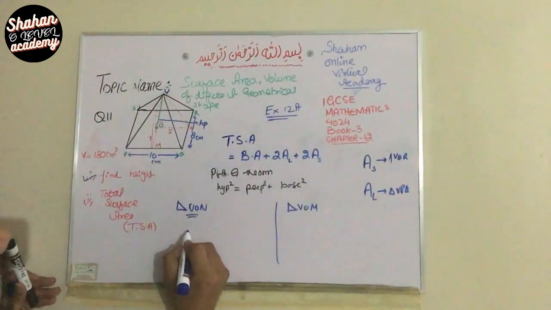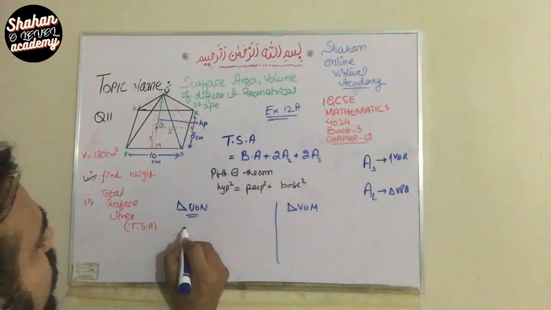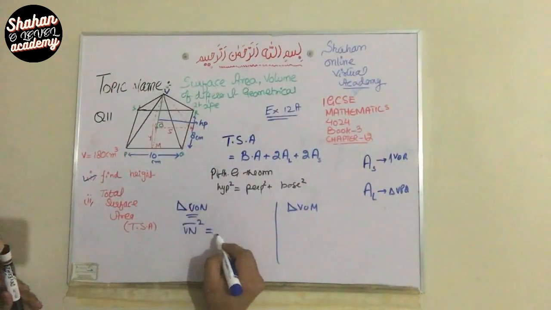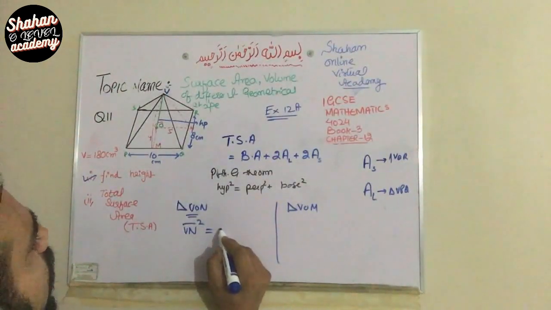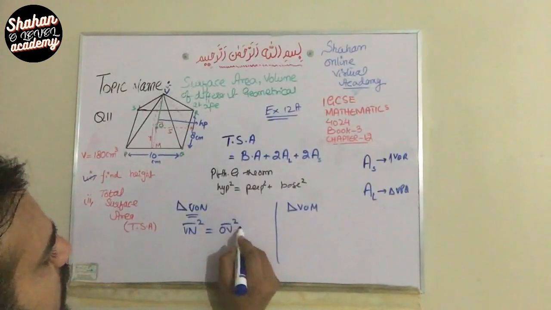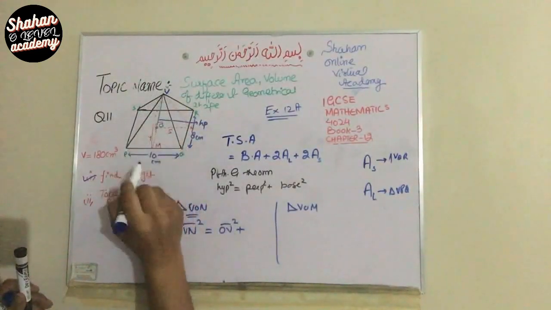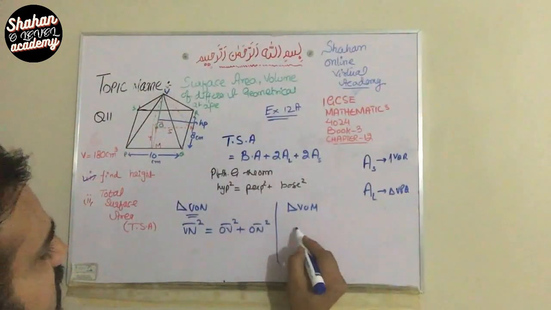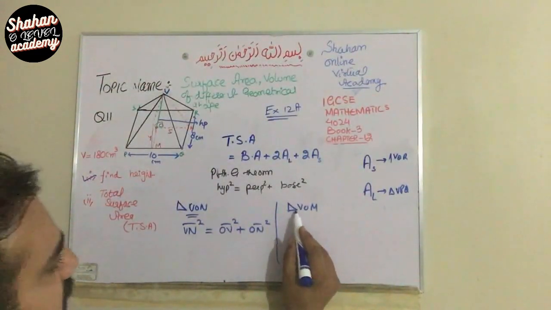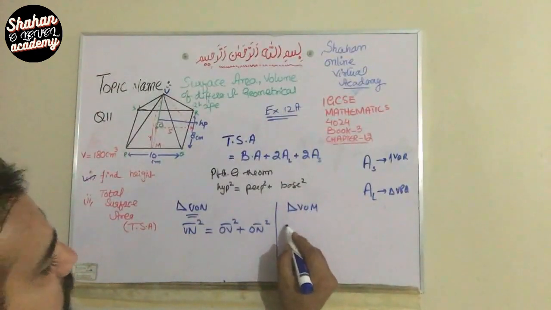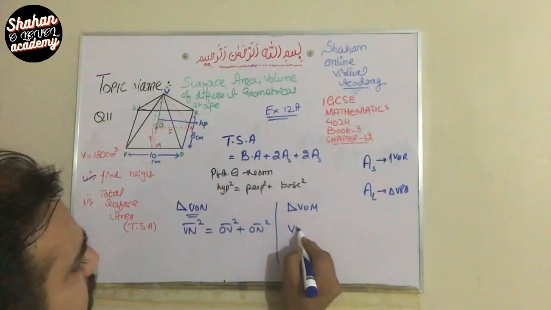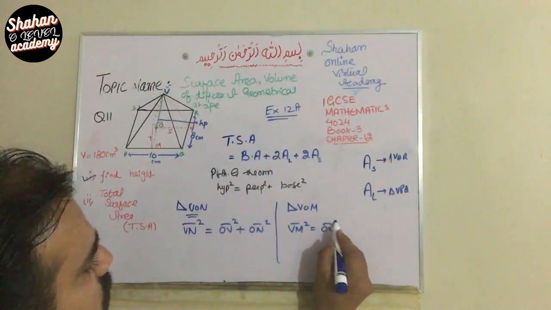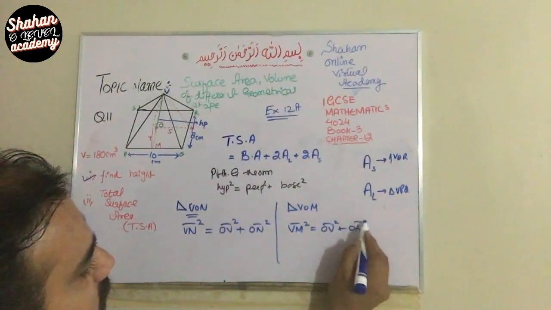In this situation, VN, which is our concern side, is equal to OV square plus ON square, perpendicular square plus base square. In the same way, if you take the right angle triangle VOM, VM square is equal to OV square plus OM square.